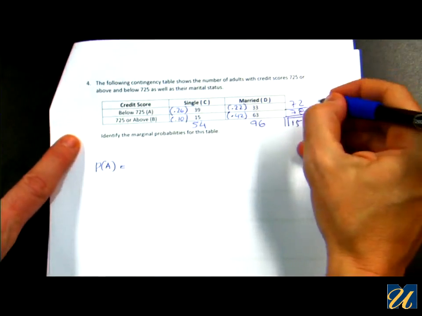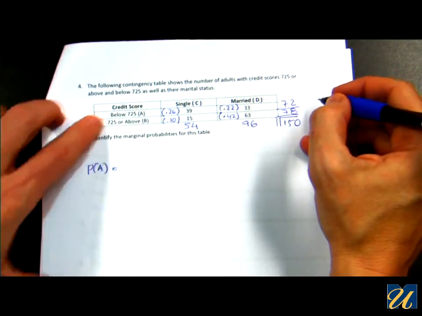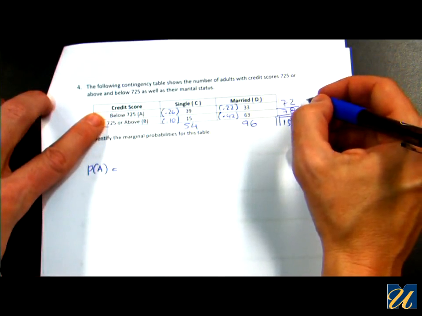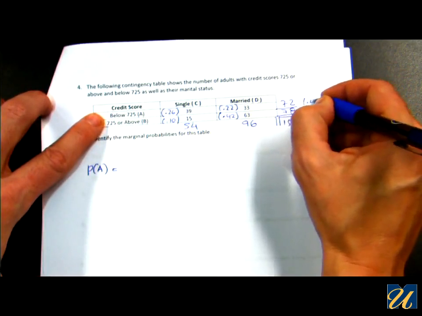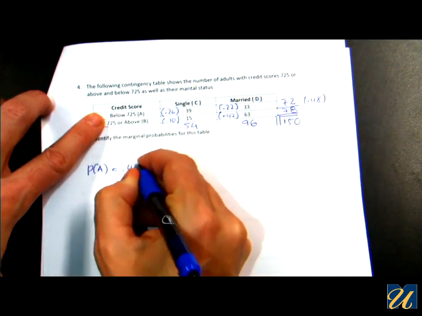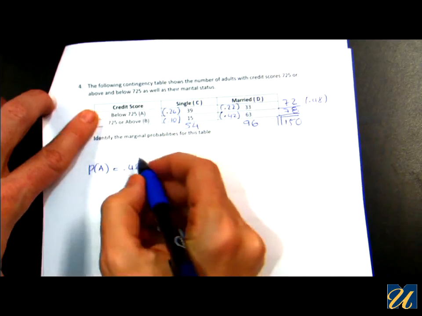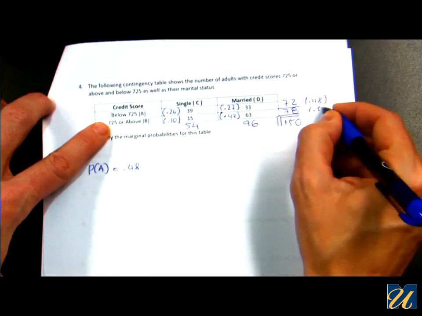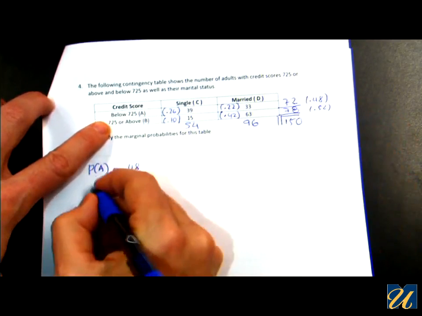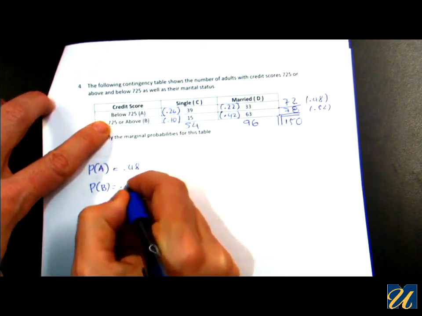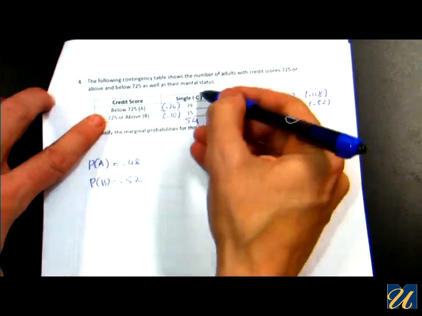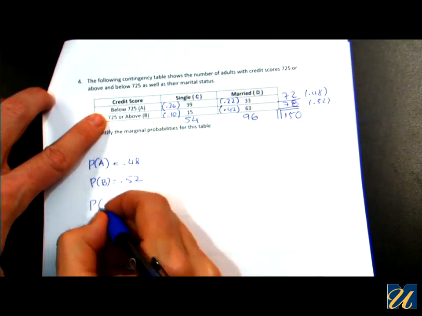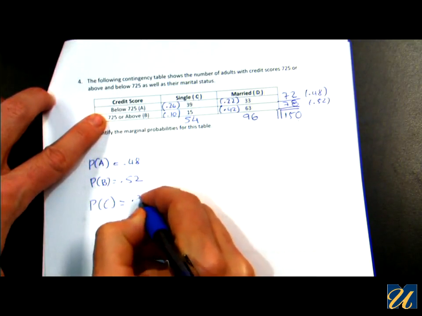The totals, the probability of having below 725, so that means the probability of A would be 0.48. Let me write it here, 0.48, 72 over 150. The probability of B would be 0.52, 78 over 150. Let me write it here, 0.52. The probability of being single, 54 over 150, 0.36.